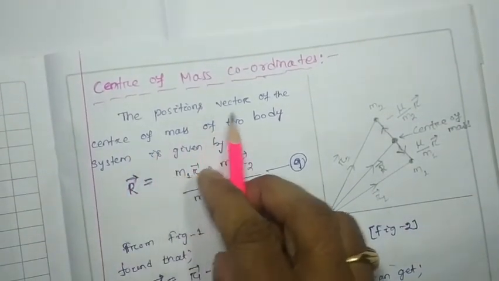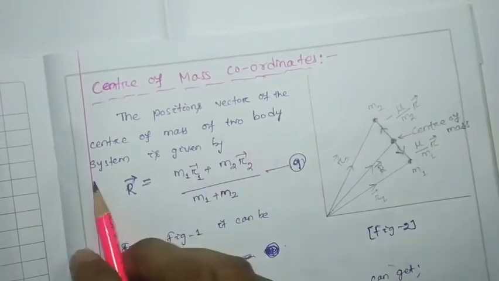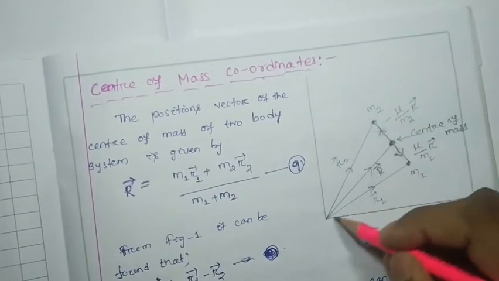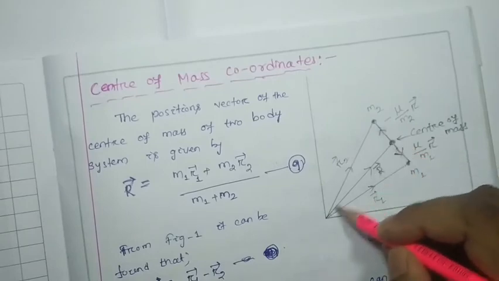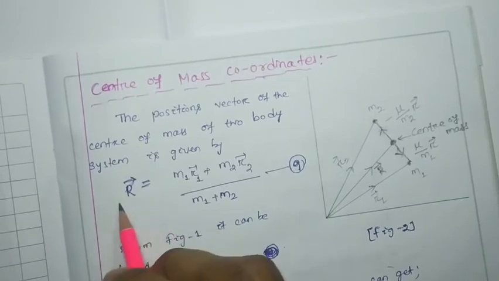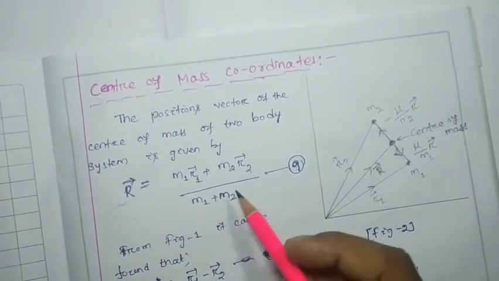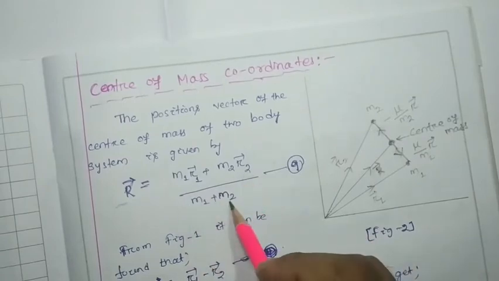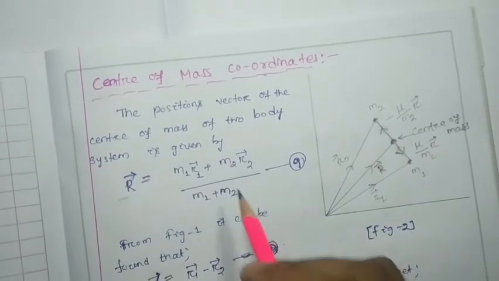The position vector of the center of mass of the two body system is given by, see, this is the mass m1 and m2, this is the center of mass, and R represents the position vector of the center of mass. We know it will be R equal to m1 r1 plus m2 r2 by m1 plus m2, which we studied in plus 2 level.